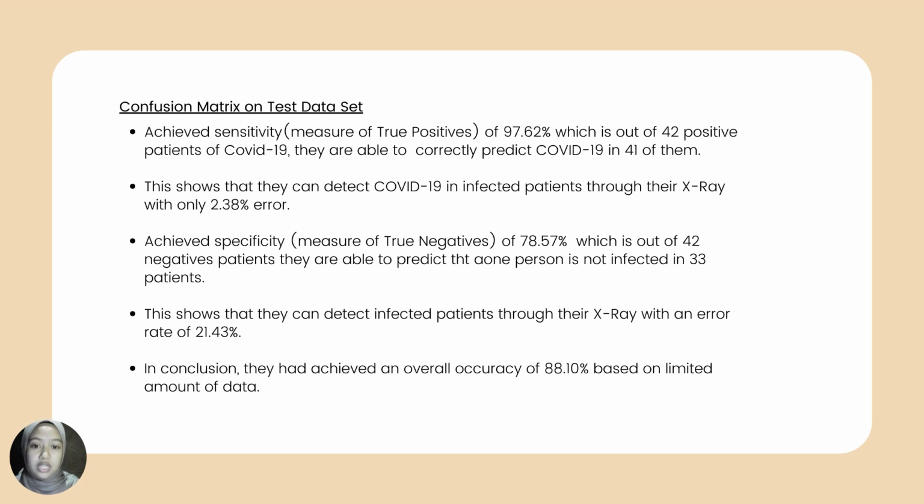They also achieve specificity, which is the measure of true negative, of 78.57%, which means out of 42 negative patients, they are able to predict that they are not infected in 33 patients. So this shows an error rate of 21.43%. In conclusion, they had achieved an overall accuracy of 88.10% based on a limited amount of data.